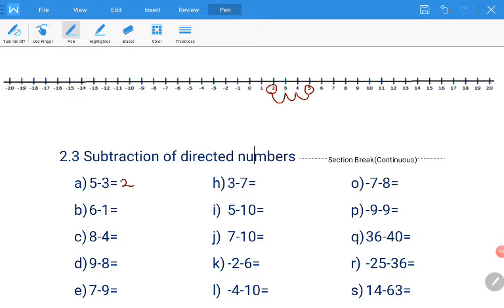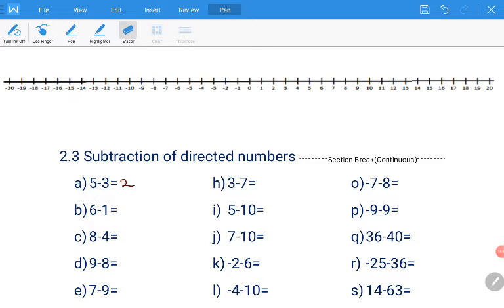So these answers we can always verify them using our calculators. Now let's look at question D. D is saying 9 minus 8.